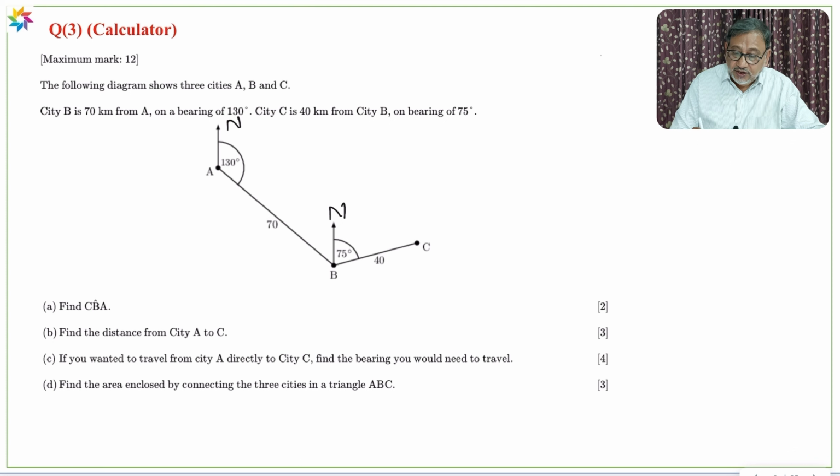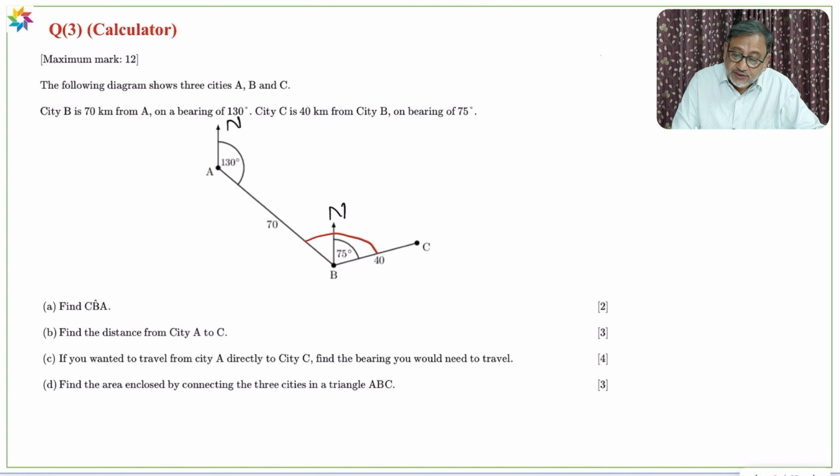Find CBA. We have to find the angle CBA. CBA means whole of this angle we have to find, right? So we can find the remaining part. This angle they want. Already we have 75.